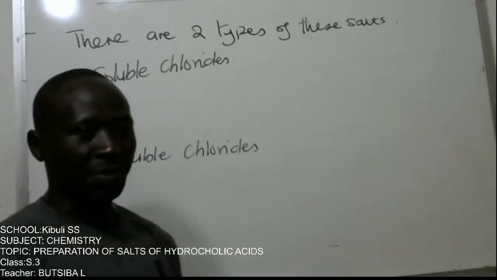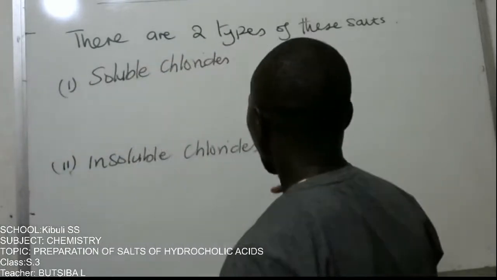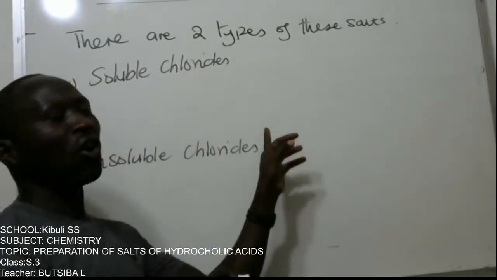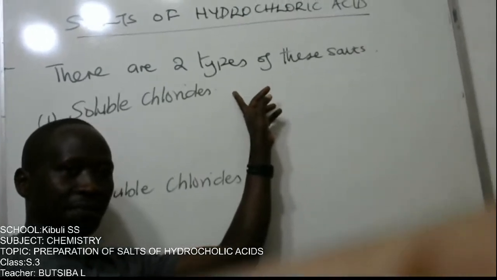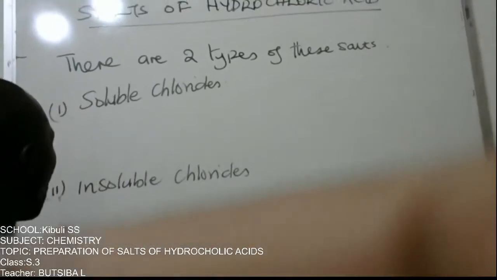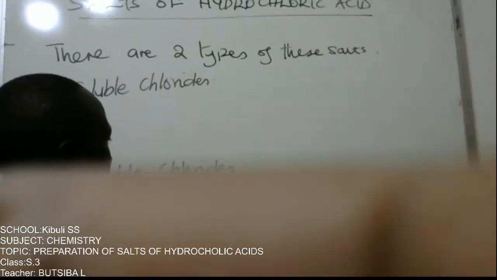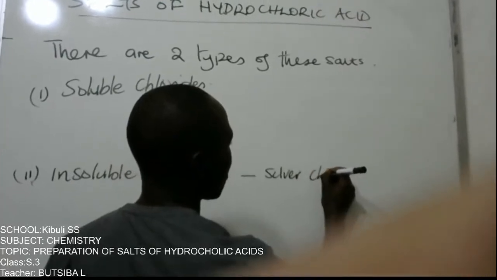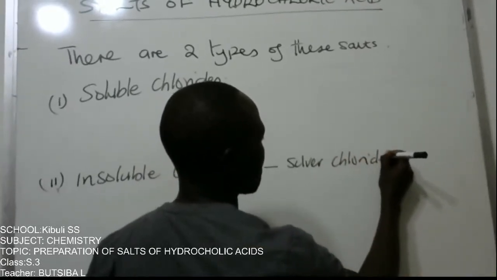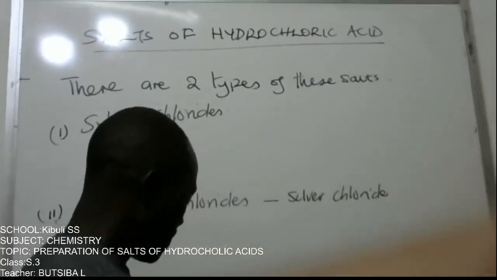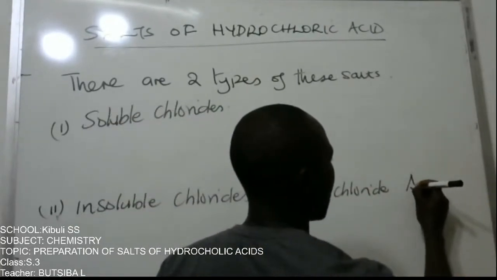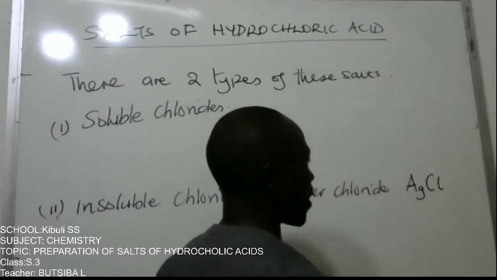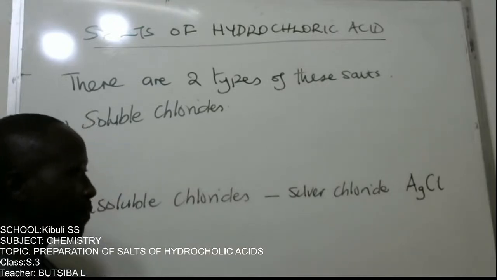So in our chemistry, to make work relatively cheaper, if we can look at insoluble chlorides, then you can predict and mention all types of soluble chlorides. The only insoluble chloride we have here is silver chloride, whose formula is capital A, small g, capital C, small l, that has a tail.